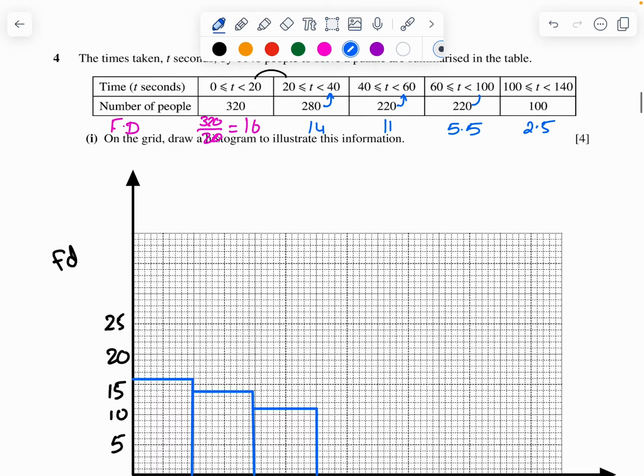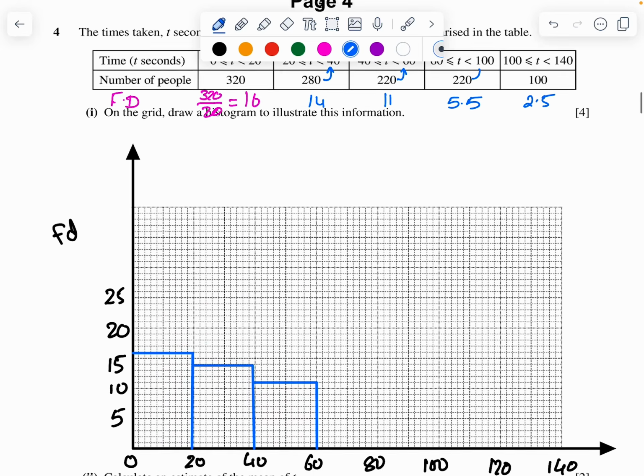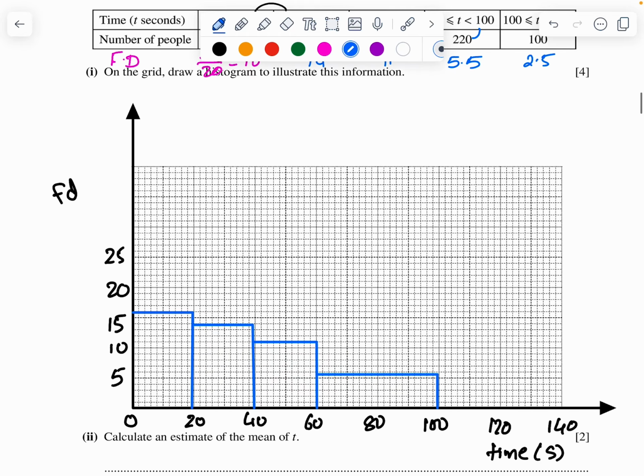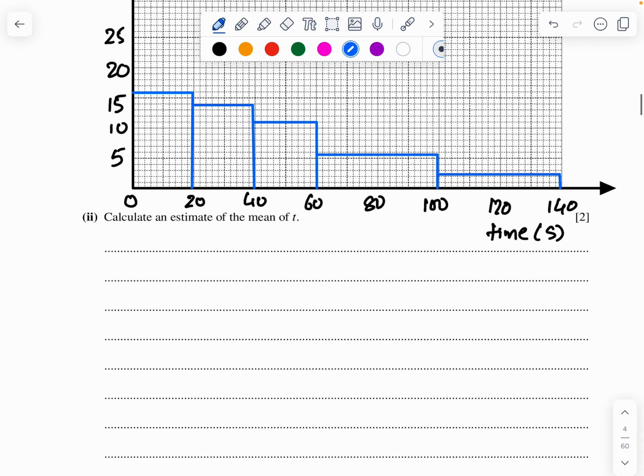Then 60 to 100 is 5.5. Then finally 100 to 140 is 2.5. This is going to be the graph.